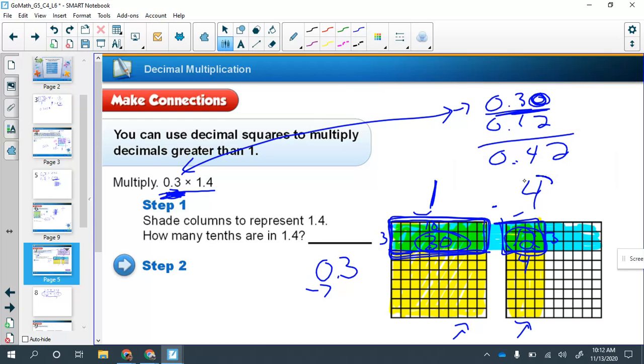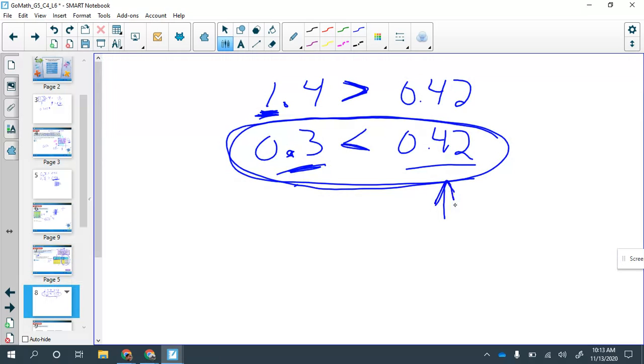Well, I had this whole second piece of the model that I had to multiply by as well, and that gave me this extra little bit. So anytime we multiply a number by another number that's greater than 1, we're going to get something bigger. And that is why we end up with a product that's bigger than our factor of 3/10.